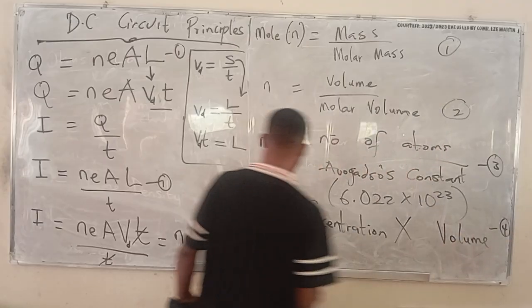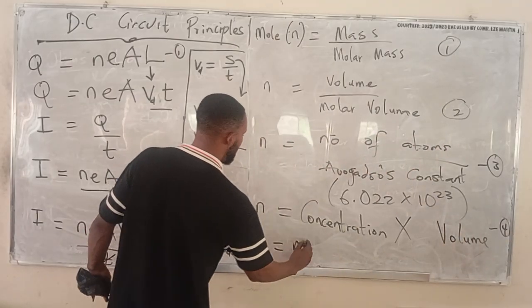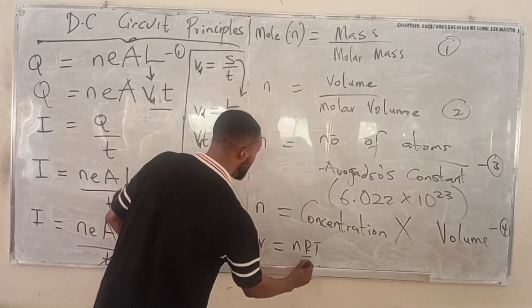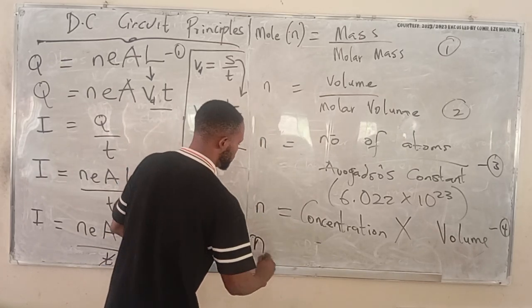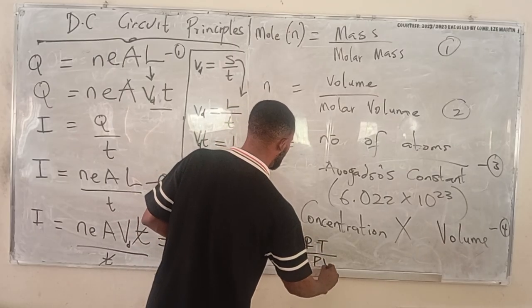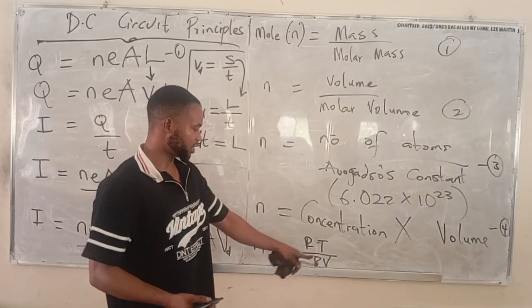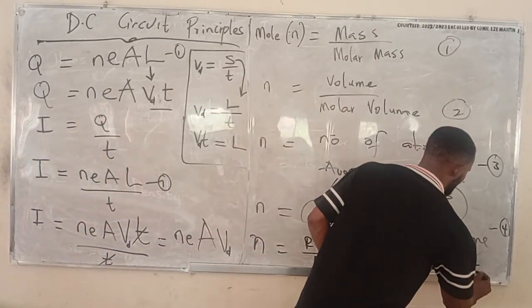The fourth one: from PV equals nRT, n can be equal to PV over RT. That is pressure, volume, gas constant, and temperature. So these are the five formulas of mole.